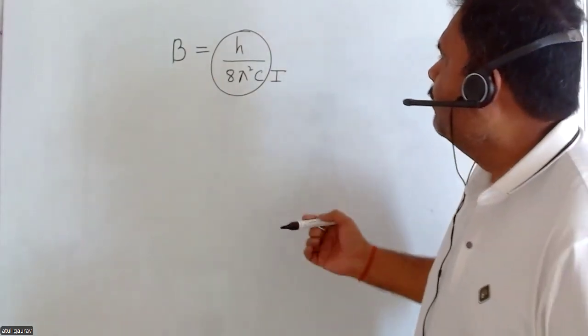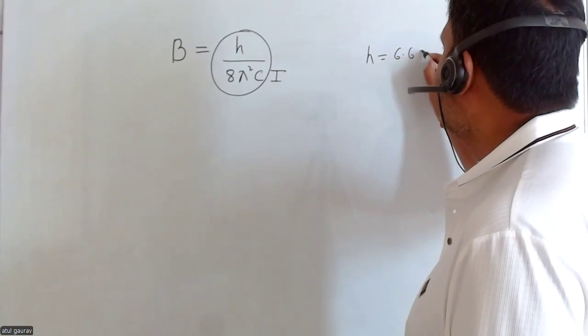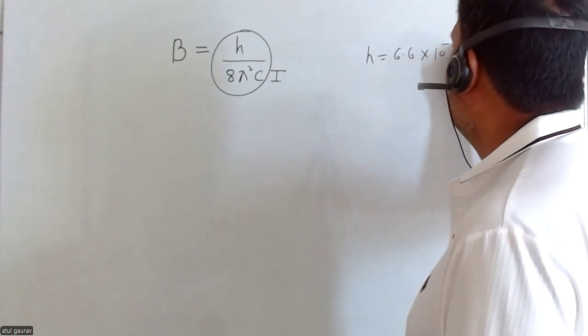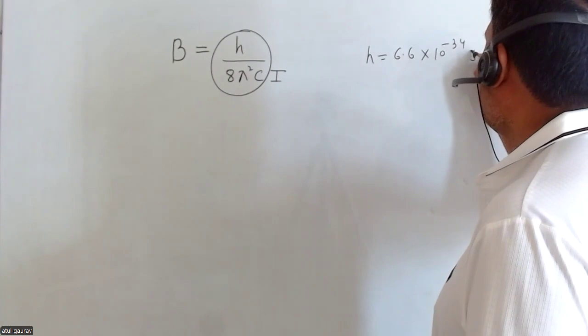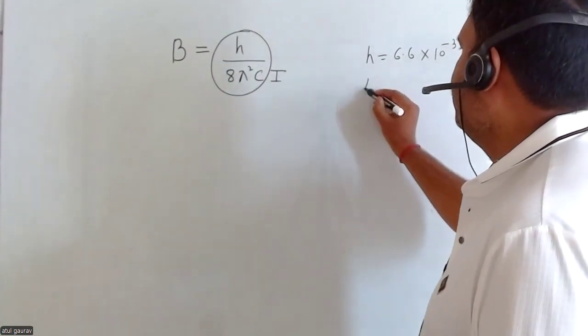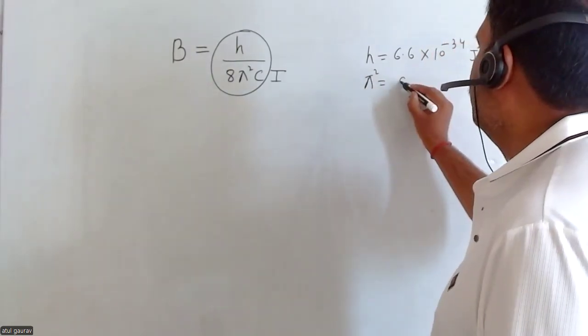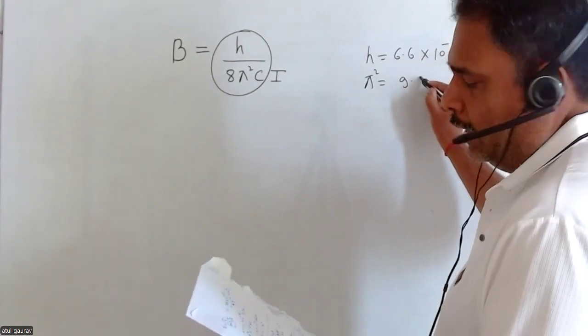So students, if I put in the values, h is 6.6 into 10 to the power minus 34 joule second. I am taking h in joule second, and we have pi square. I have calculated the value of pi square, which is almost 9.86.